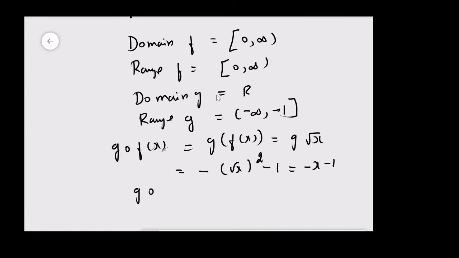Therefore, g∘f from [0, infinity) to R is given by (g∘f)(x) is equal to x minus 1.